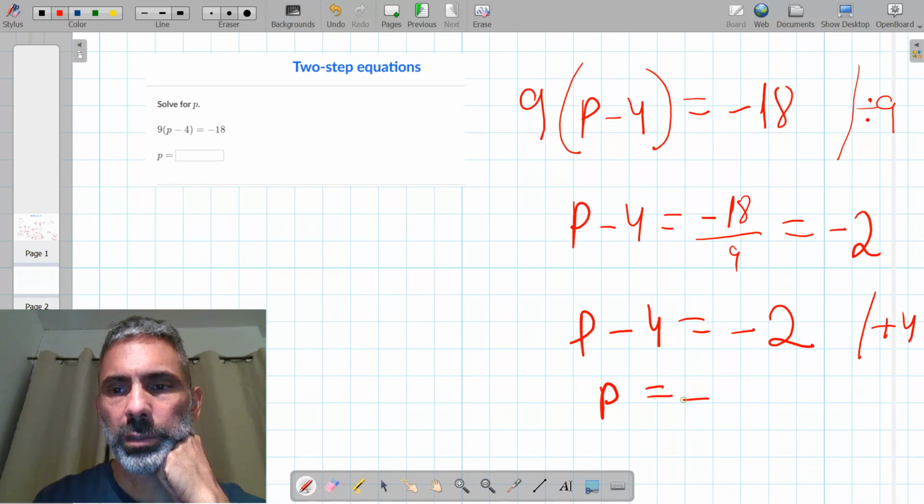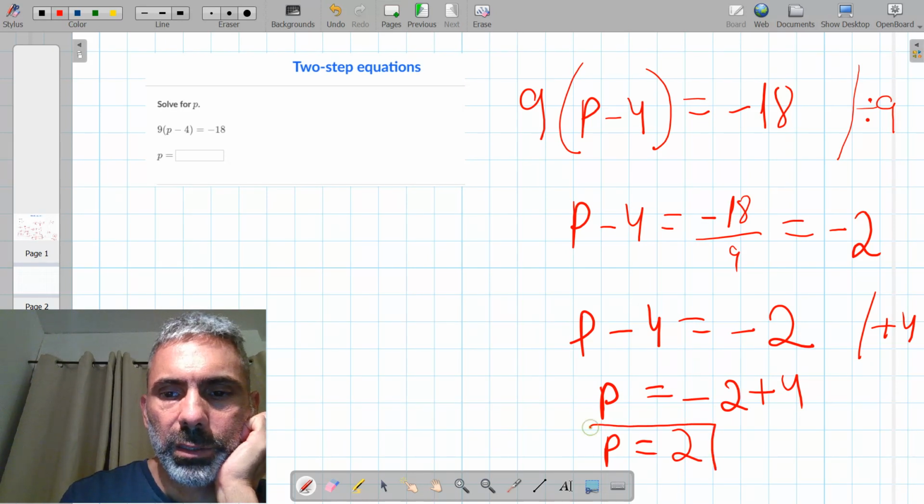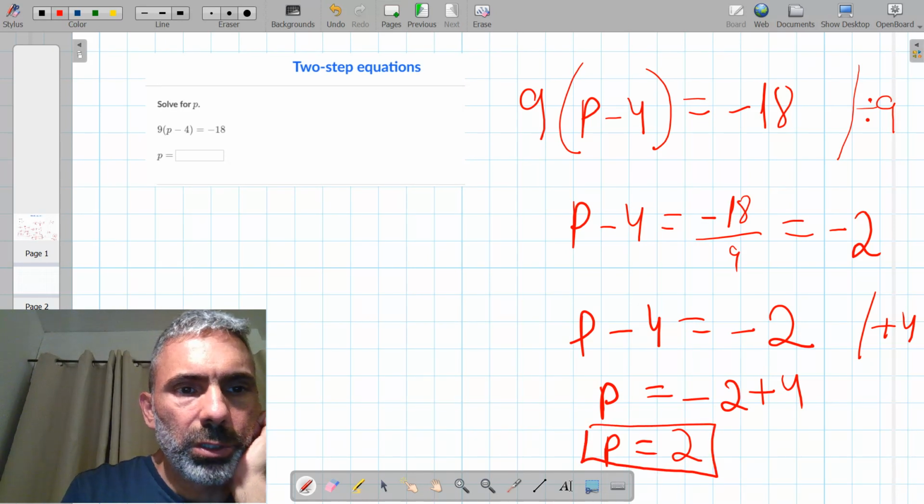And on the right hand side I have minus 2 plus 4. One is negative, the other is positive, so the result is the difference between the two. The difference between 4 and 2 is 2, and the result is positive because 4 is greater. So p equals 2.